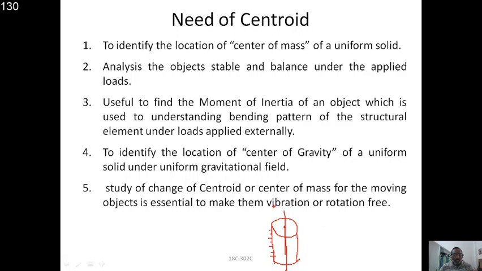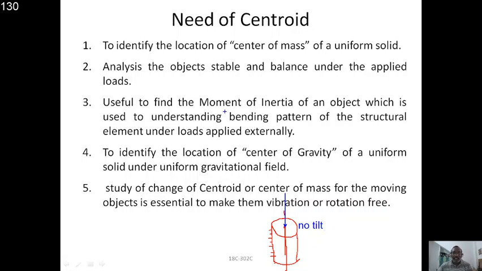I should apply the load at the center of mass or centroid. Now there is no tilt. If I apply the load like this, then no tilt. So that is the advantage of identifying the centroid or center of mass.